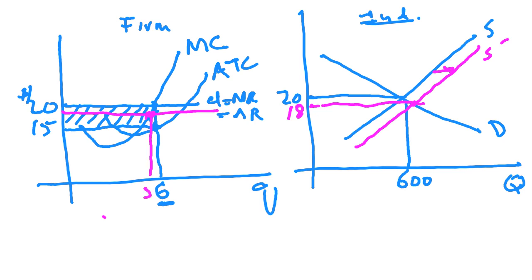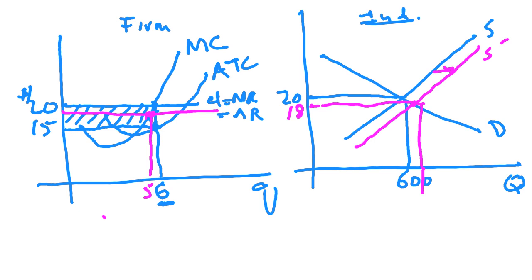See what is happening? When new firms are entering into this industry, the price of the product will decrease from 20 to 18. There are more firms now, each firm will produce less, that is 5. Let's write this number as well. So the new industry output would be, instead of 600, let's say this is 700.